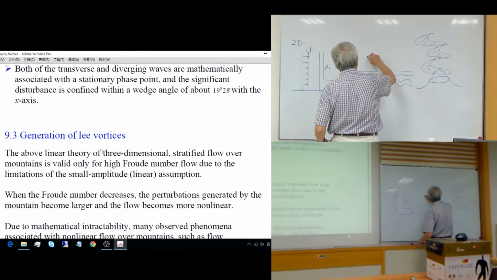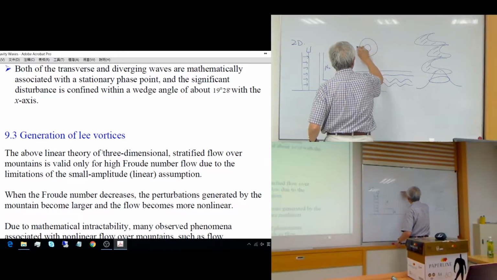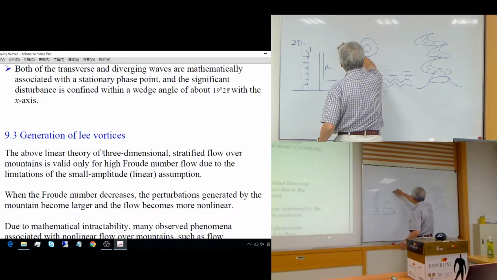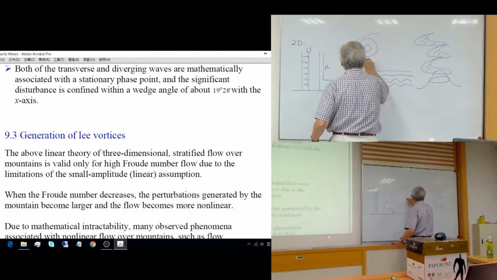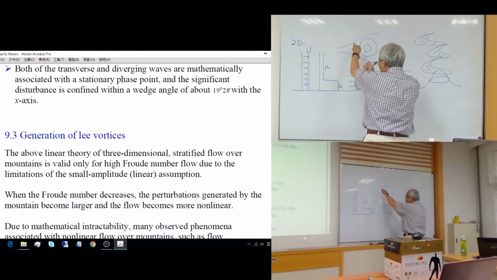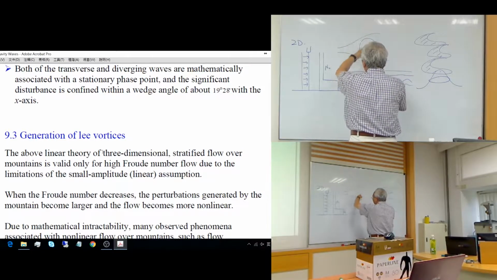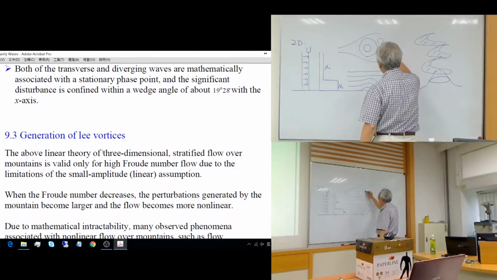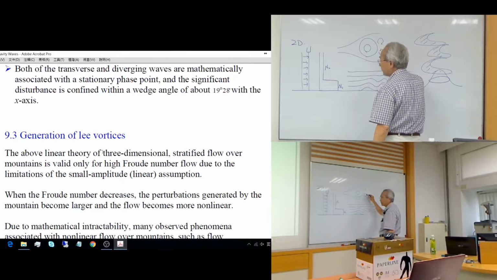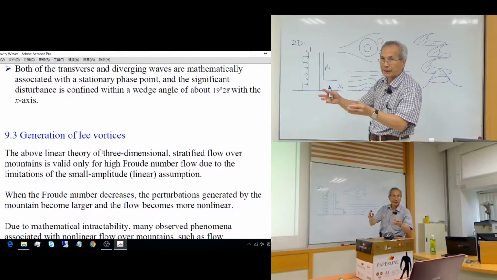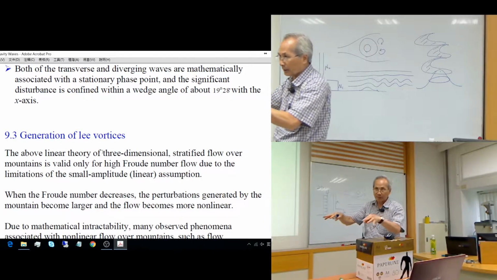Say here is a mountain, like a mountain island, and the streamlines spread to the north and to the south, and then there is a pair of vortices like this.